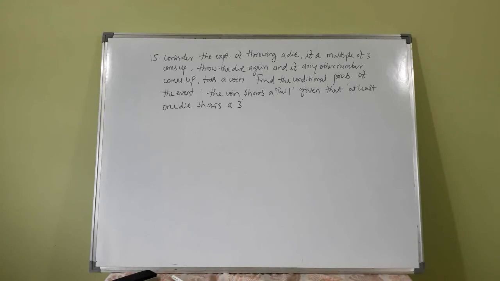Otherwise, you will not throw the die at all, you will toss the coin. So the event, the coin shows tail given that at least one die shows 3, is an impossible event. So the probability will be 0, isn't it?